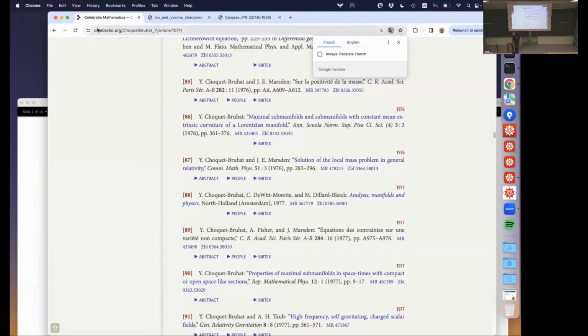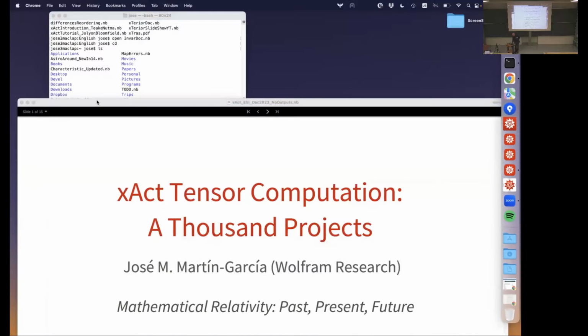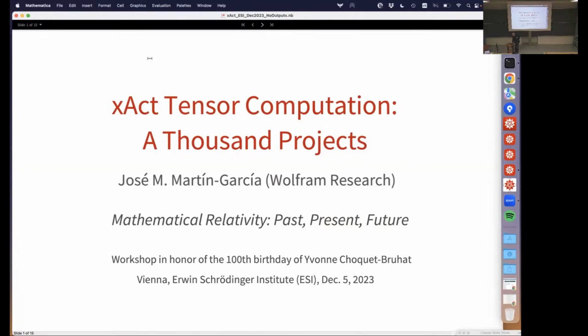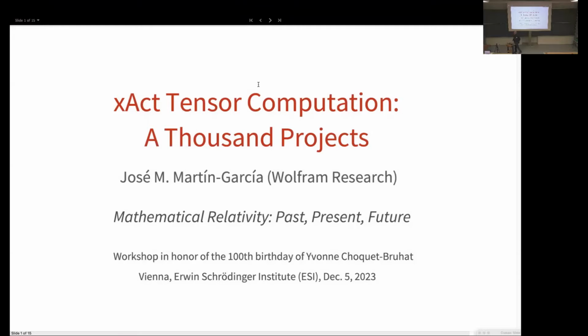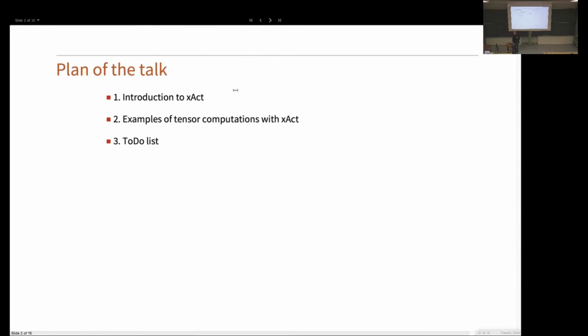And what I want to do today is to show this project. The title of the talk is xAct: Tensor Computation, 1,000 projects. You will understand in a moment why. The plan of the talk is the following.